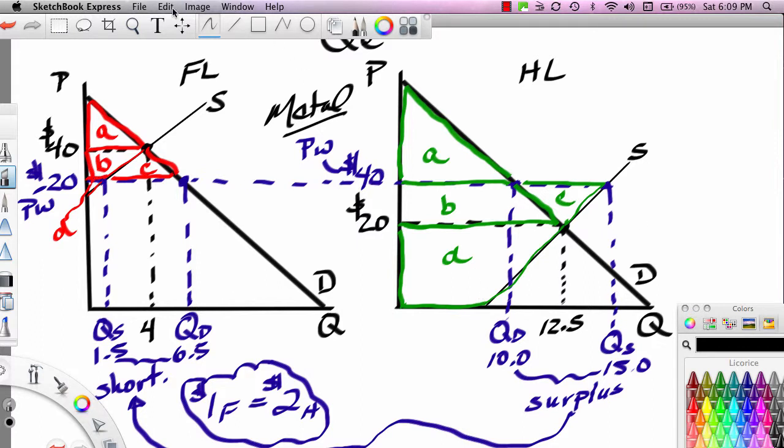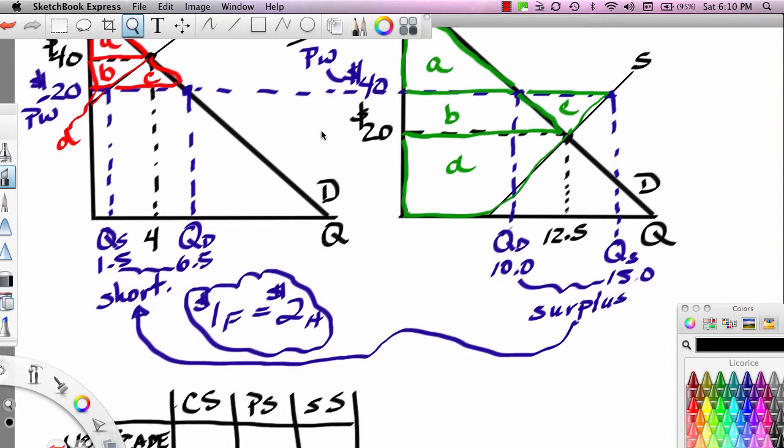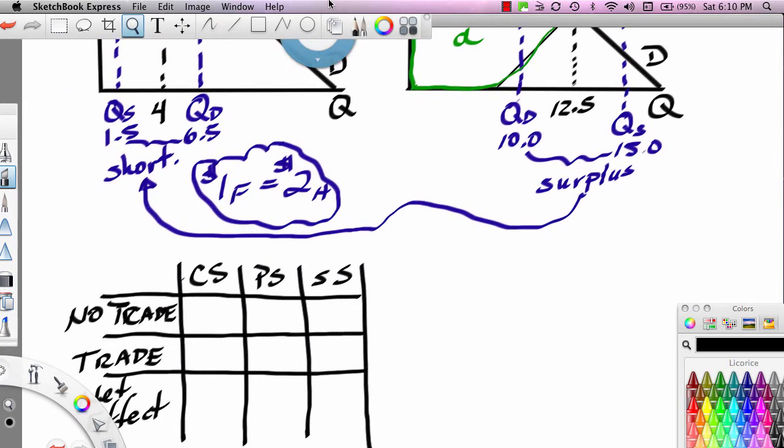So let's go down. We'll put that into our table. So consumers get what? Consumers get A when there's no trade. Producers get what?